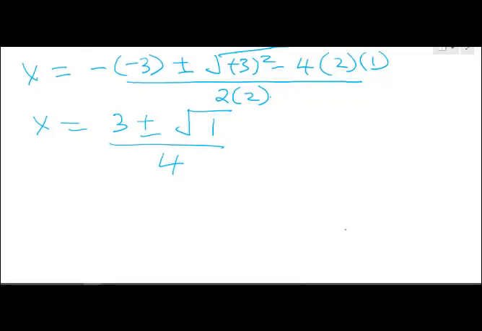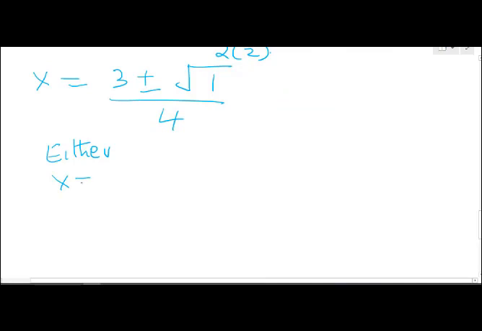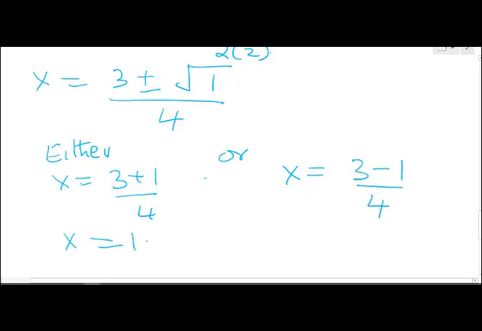Since the root of 1 has two values, the values of x will also consequently be two. x is equal to 3 plus 1 over 4, or x is equal to 3 minus 1 over 4. For the positive value, we get x is equal to 1, and for the negative value, we get x is equal to a half.